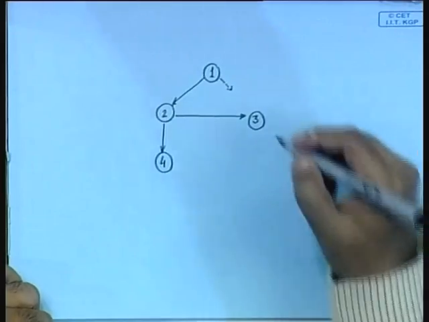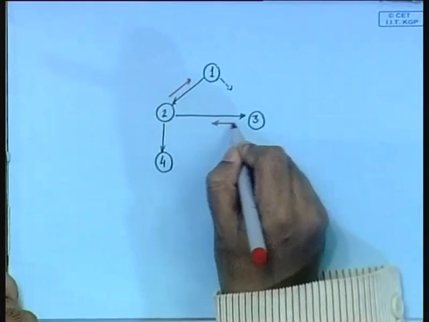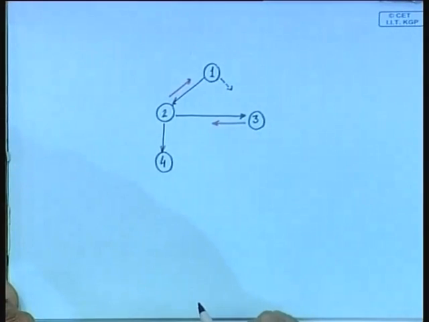So, the father of node 3 becomes node 2.